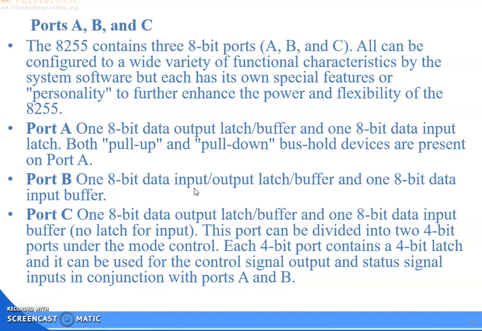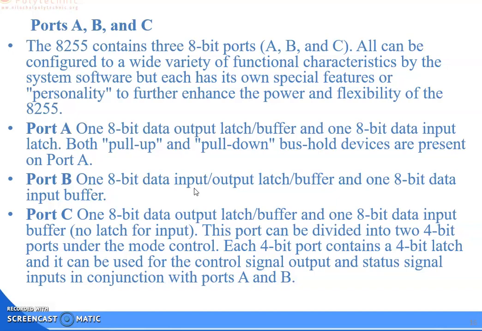Next, port B has one 8-bit data input or output latch or buffer and one 8-bit data input buffer. Next, port C has one 8-bit data output latch or buffer and one 8-bit data input buffer. Here, there is no latch for input.